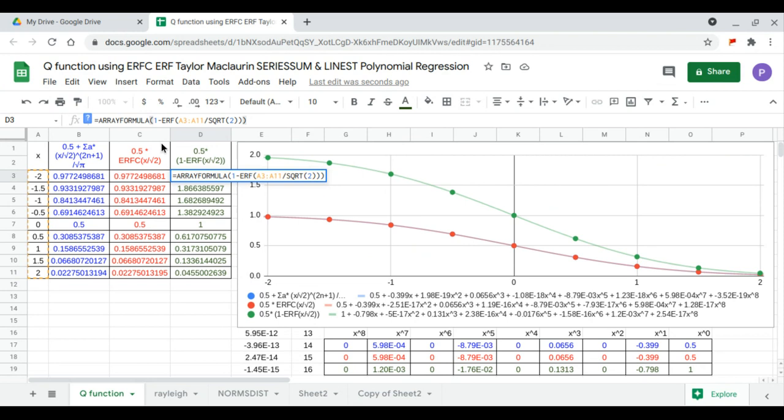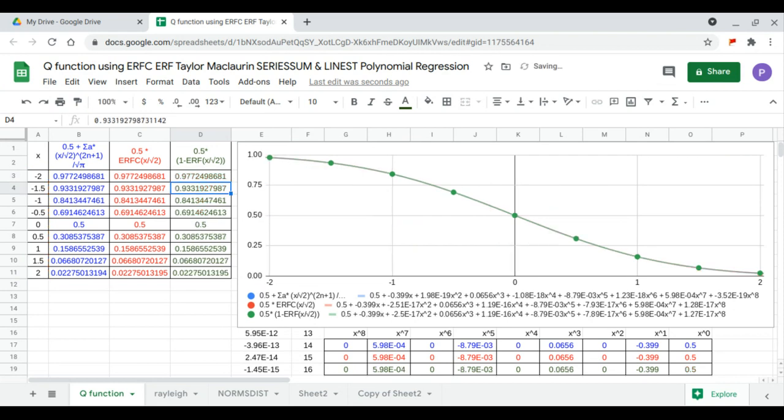So that's 0.5 times the whole ERF function. So enter. Now they're all in the same trend line. Their data sets are all the same. The polynomial regression coefficients are also the same.